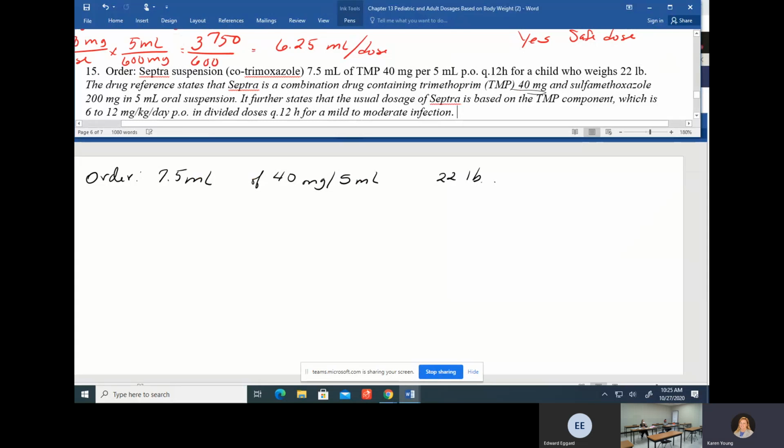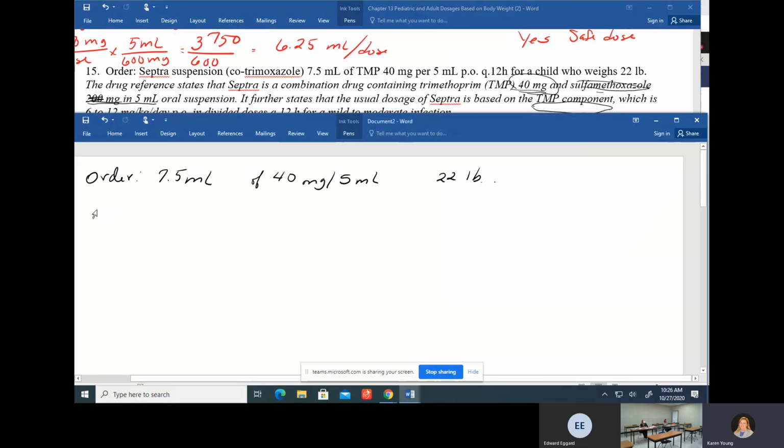And this, whatever that is, 200 milligrams and 5 milliliters of suspension. It further states that the usual dosage of Septra is based on the TMP component. So all I need to look at here is the TMP component and not this other one. So I don't need the 200 milligrams.